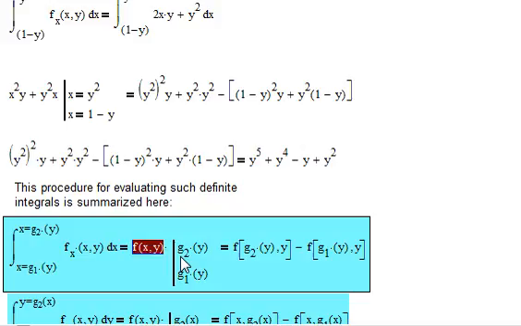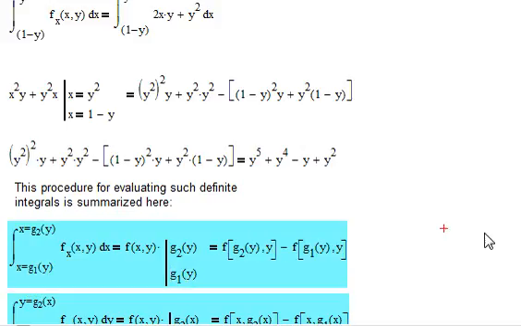But then this is a definite integral, so then we put in x equals g1 and x equals g2. So we'll evaluate it: x equals g2, so we'll replace all x's with whatever g2 is, and then minus f with g1 of y, so we'll replace all the x's with g1 and see what that is.